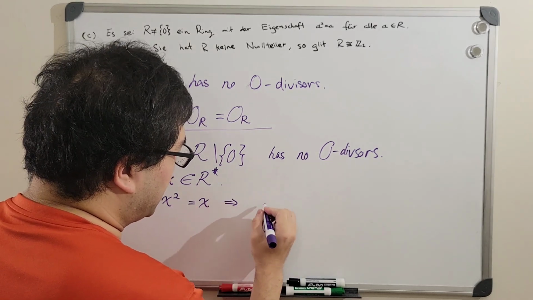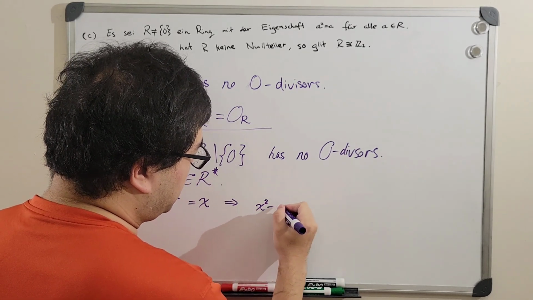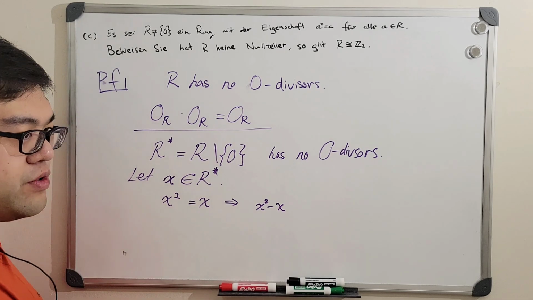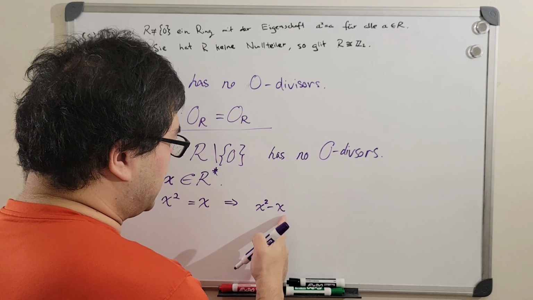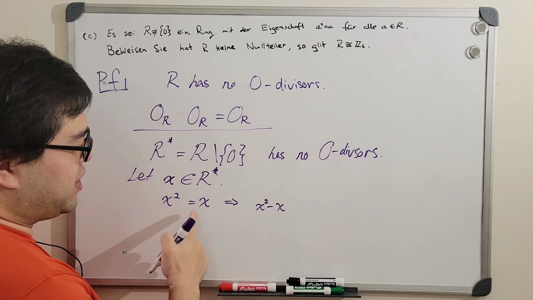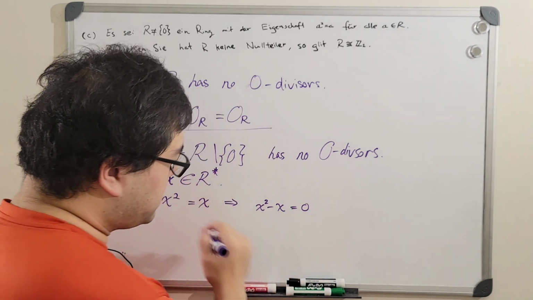Then of course we can just do subtraction here. In other words, we do the addition with the additive inverse. So we just add negative x on both sides to get this equal to 0.